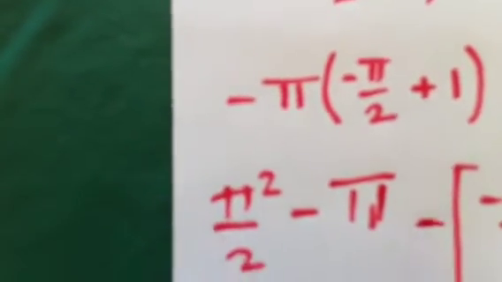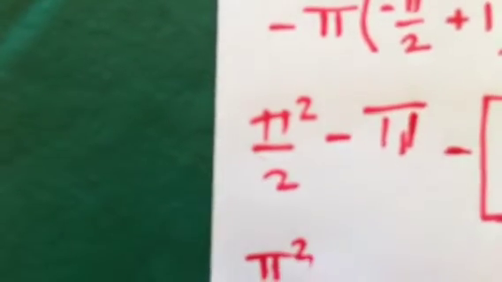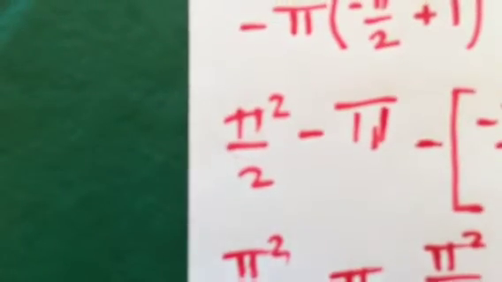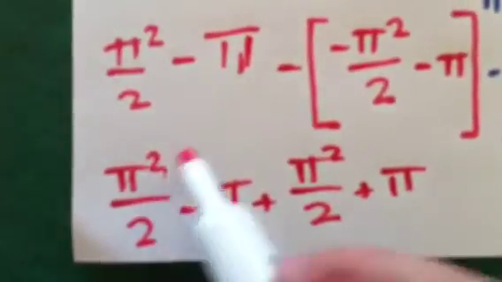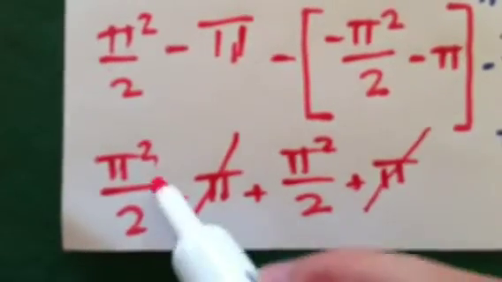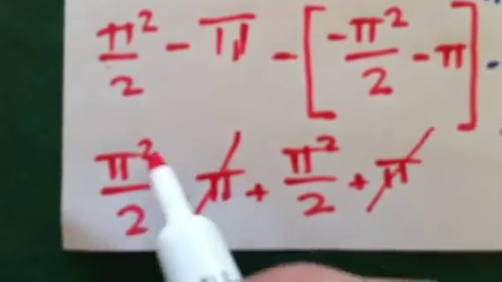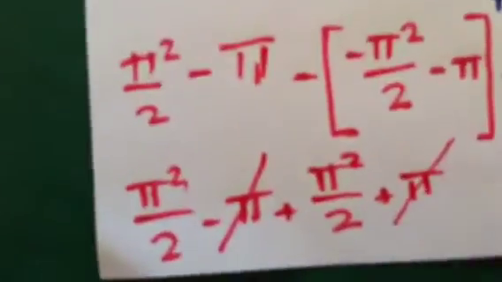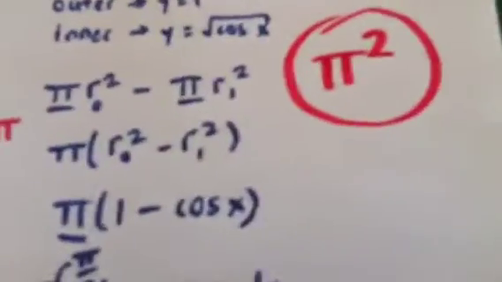And then it's going to turn back into minus pi. So once we distribute this negative, we're going to get pi squared over 2 minus pi plus pi squared over 2 plus pi. So, sorry, our pi's disappear, and we're left with 2 halves of pi squared. So it's just going to be pi squared. Hopefully that's correct.